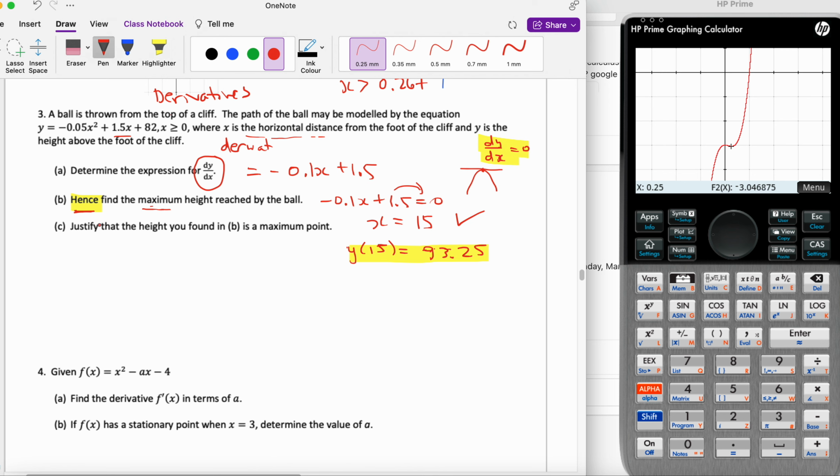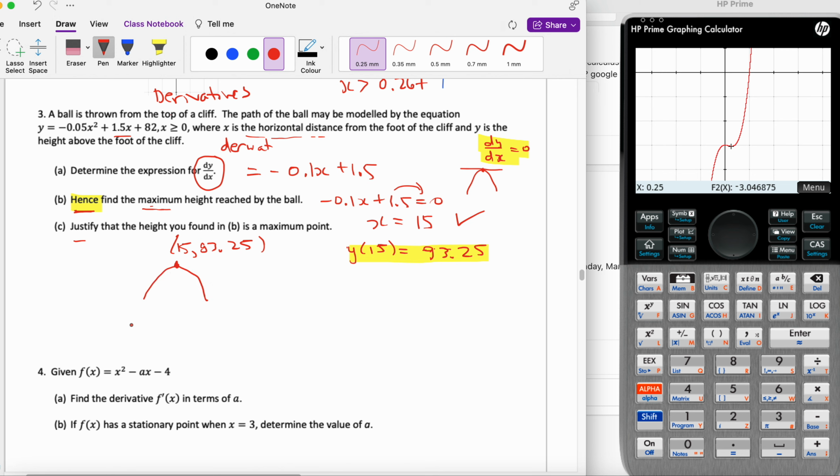This is key. Justify that the height is a maximum. Okay, well, what's happening here? We've got 15 and then 93.25. So this is some sort of a negative-looking parabola, right?